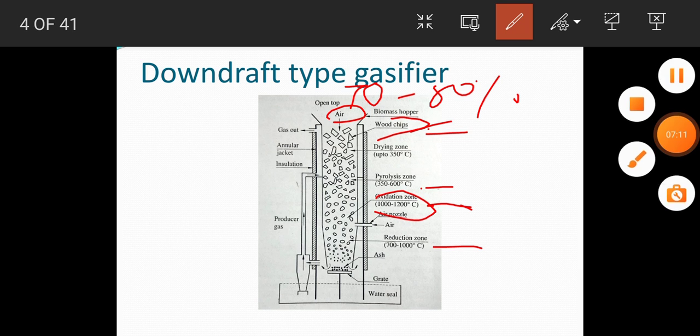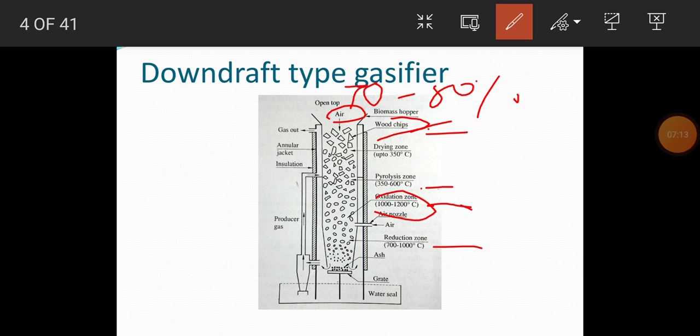Then the gas produced is withdrawn from the exit at the bottom and is reintroduced in the annular jacket for heat recovery.